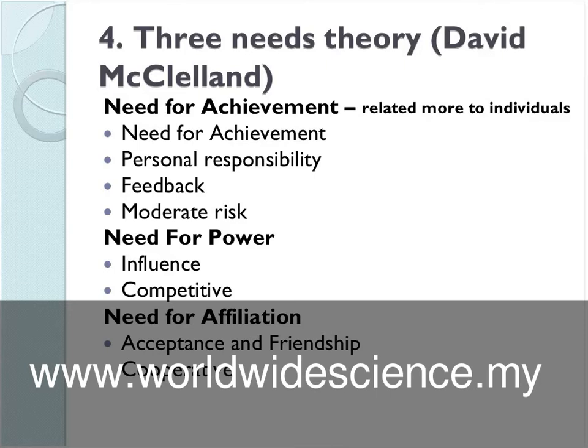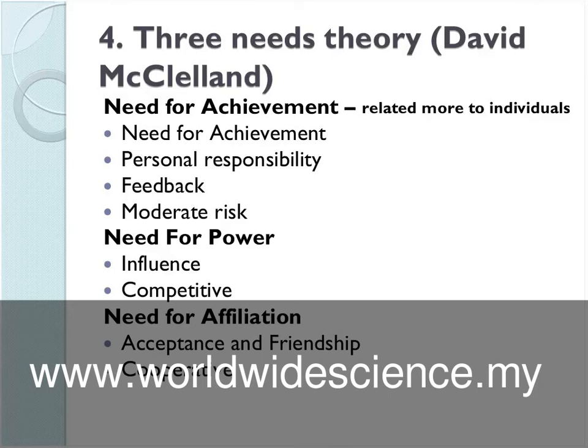This is more related to the individuals. And the second one is the need for power, like employees need influence. They need competition between the other colleagues. This will motivate them to work better and get good results.